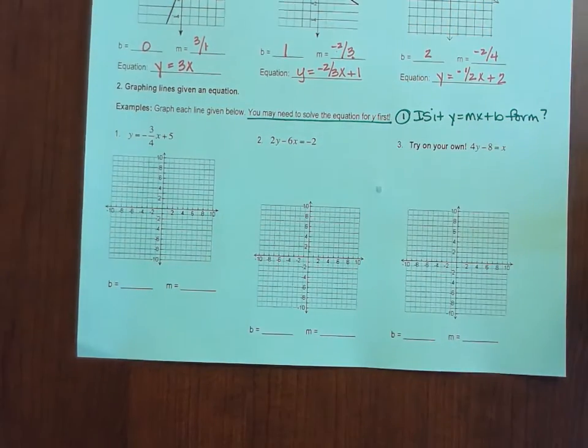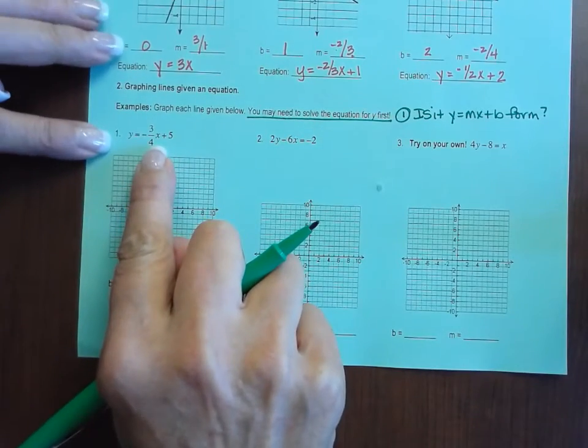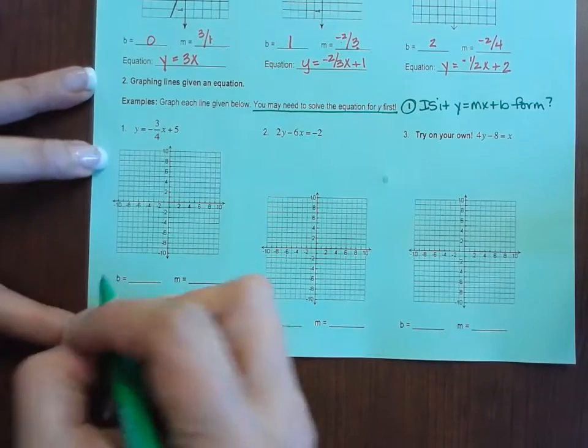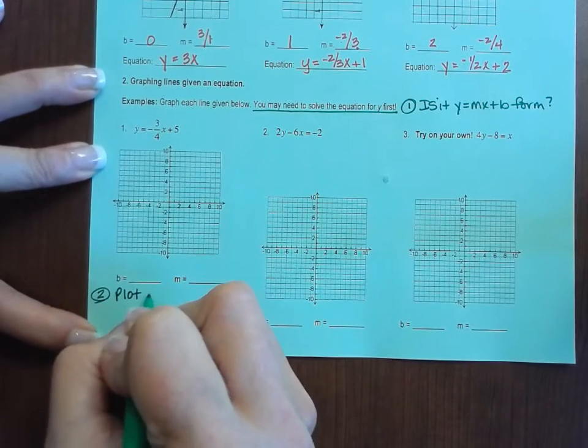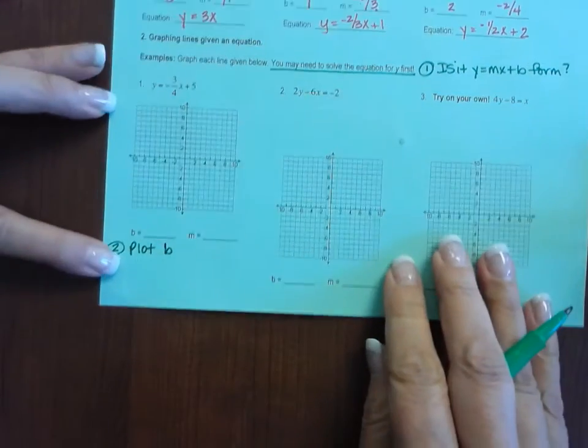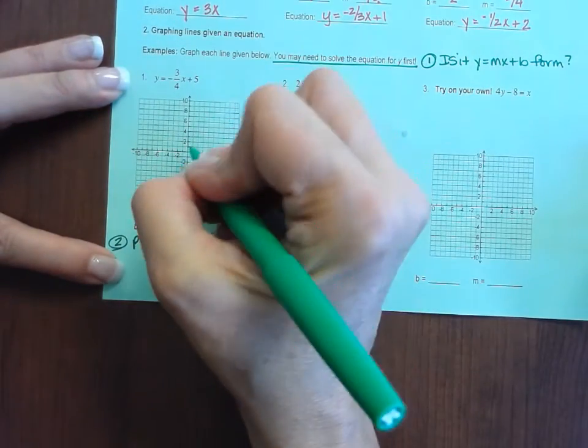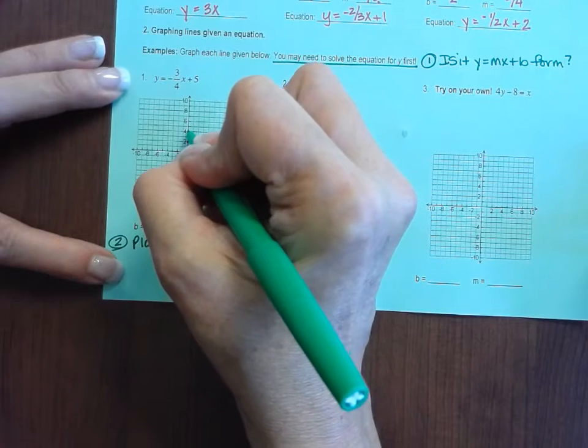Because if it's not, then you have to solve for y. But on our first one, it is, right? So, the next step is going to be to plot our y-intercept. So I go up 2, 3, 4, 5.